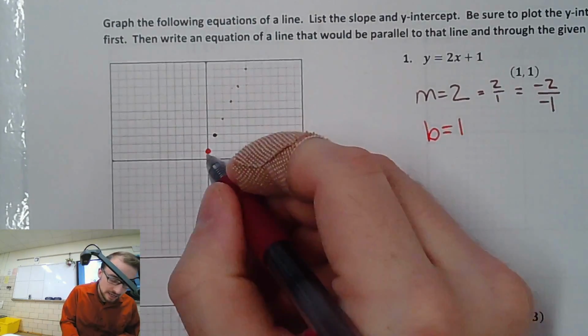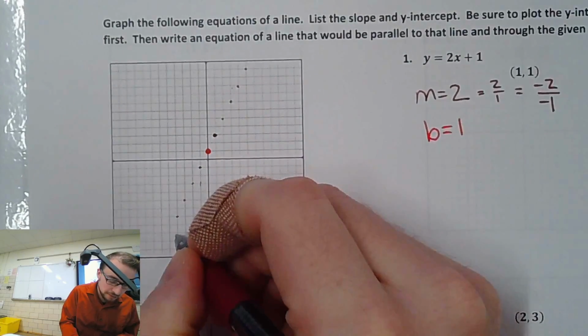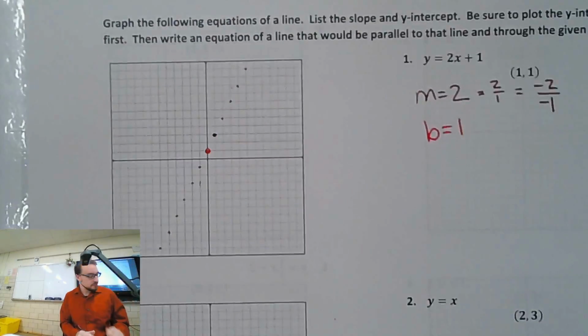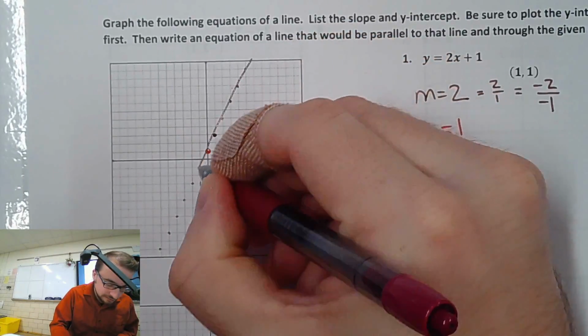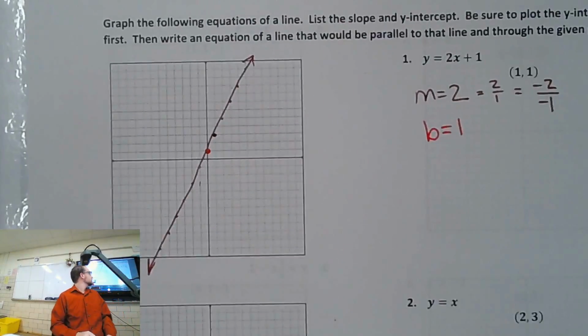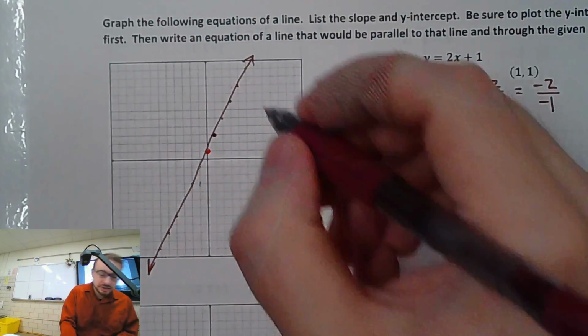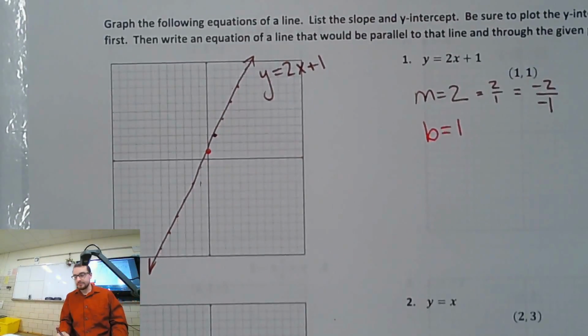So that means I can go down 2 over 1, and it'll be just as good, right? Down 2, back 1. Which means without a ruler, we can kind of construct our line. So that's this equation, y equals 2x plus 1.